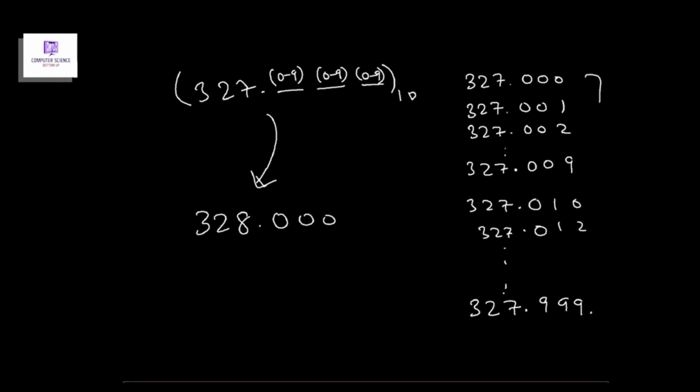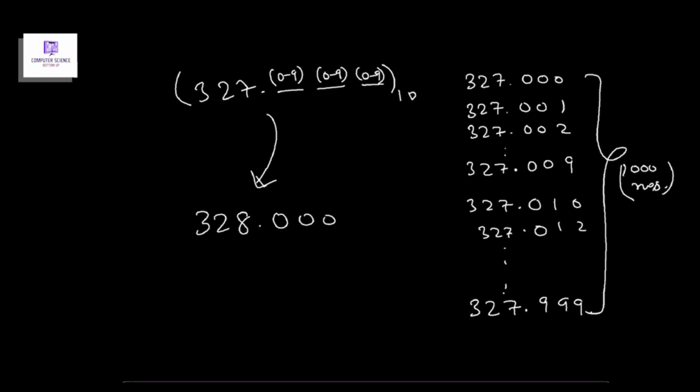So how many numbers? This is a total of 1000 numbers, because there are three digits in the fractional part.